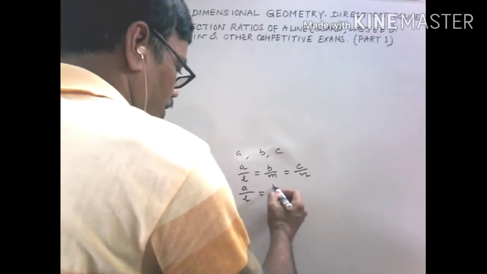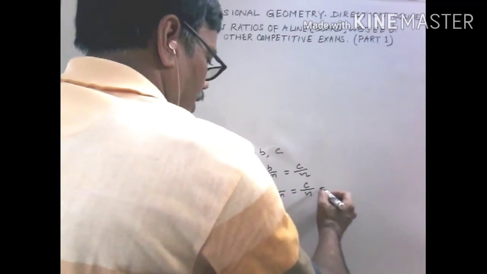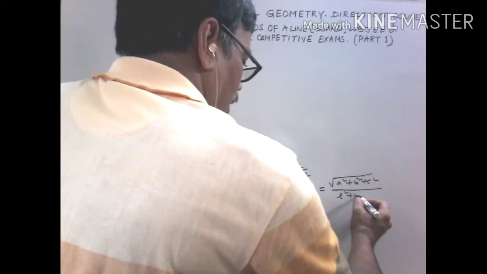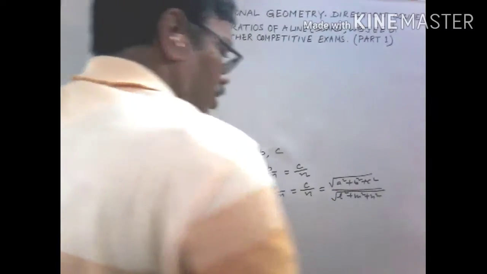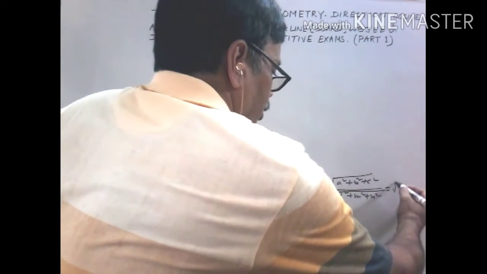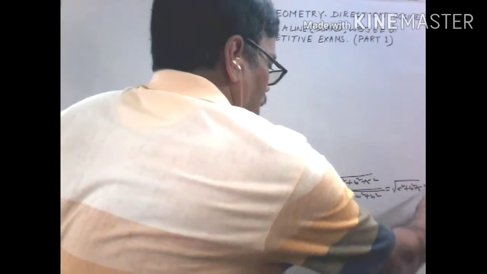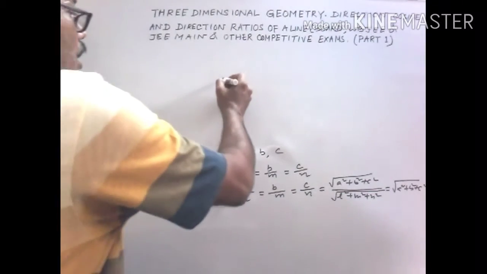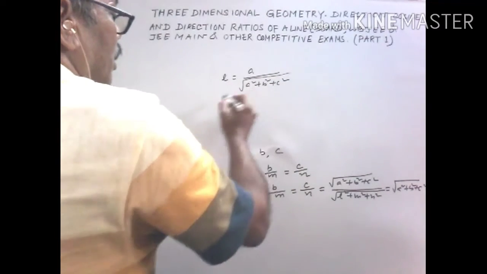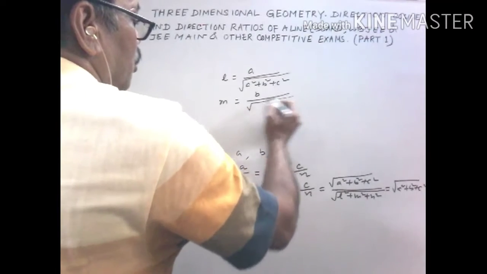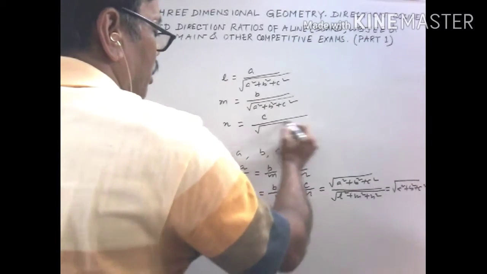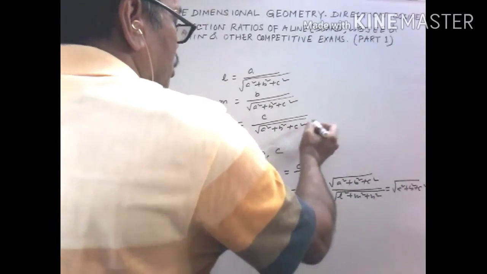Now we know a theorem: each ratio is equal to root of L square plus M square plus N square, that is, 1 over root of A square plus B square plus C square. So L equals A by root over A square plus B square plus C square, M equals B by root over A square plus B square plus C square, and N equals C by root over A square plus B square plus C square.